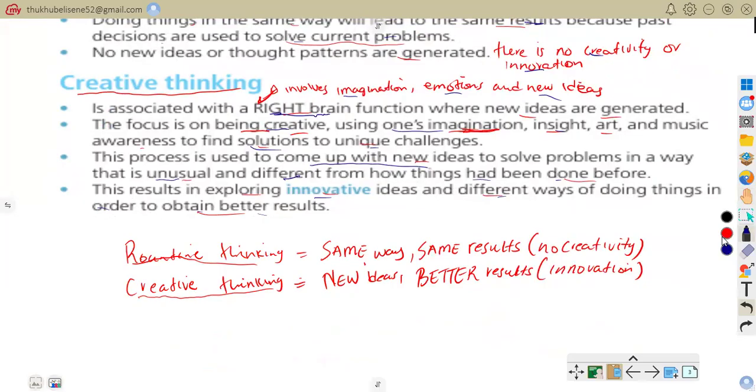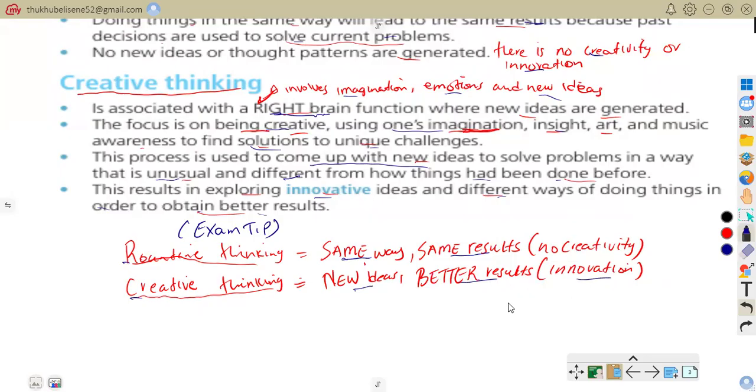So now we can be on an exam tip. We are talking about the simple way to remember routine thinking as well as creative thinking. With routine thinking, we are talking about the same way, same results. No creativity under routine thinking. But with creative thinking, new ideas, better results.